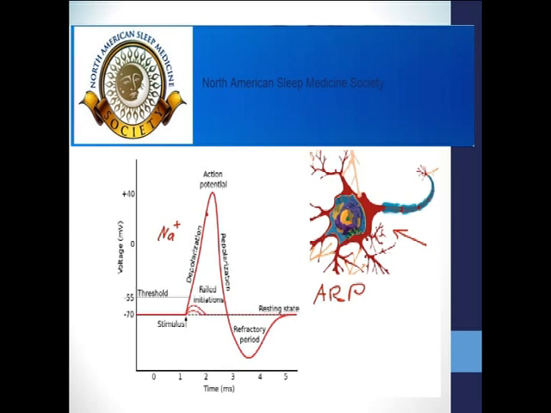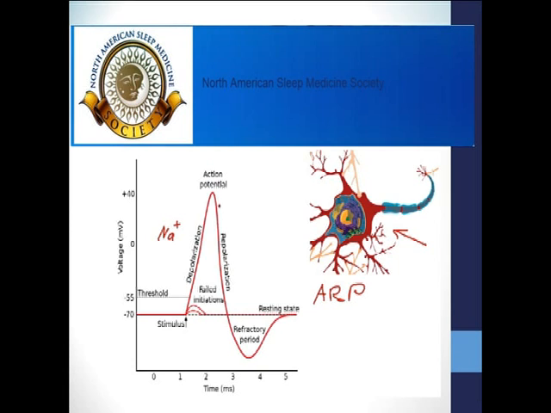Now, as I said in the previous slide, in order for another action potential to happen, those voltage-gated sodium channels need to be reset to close. When we reach the repolarization phase and potassium rushes out, the membrane potential starts going down, and as it starts going down, the voltage-gated sodium channels start resetting to their closed state.